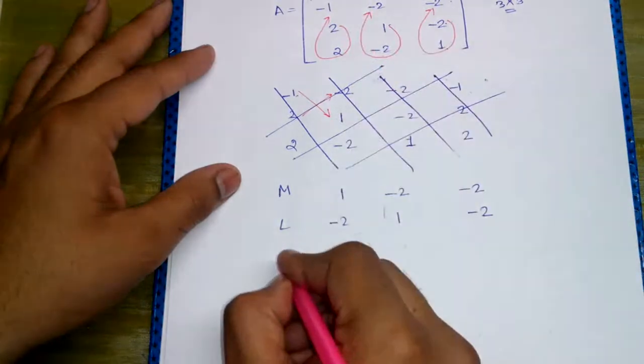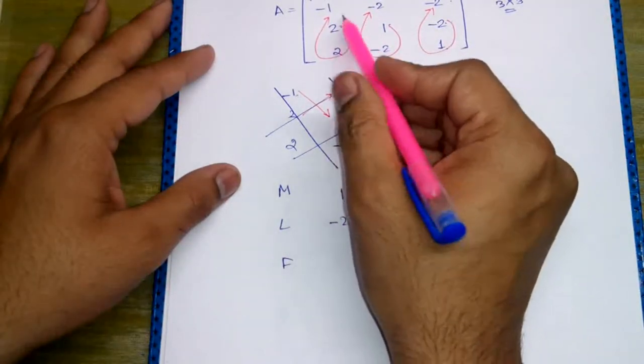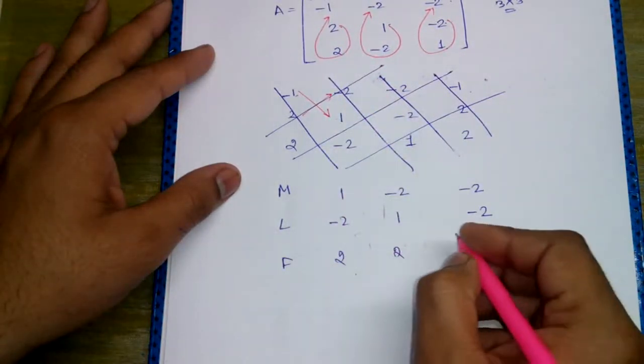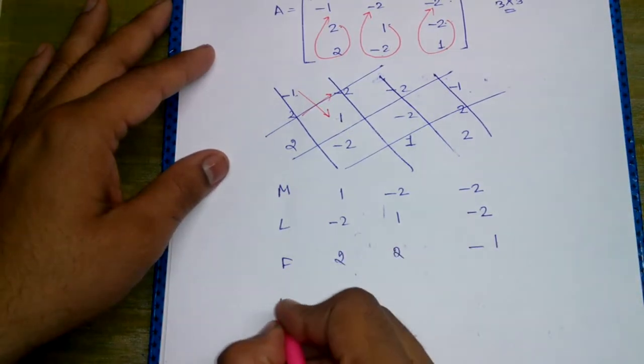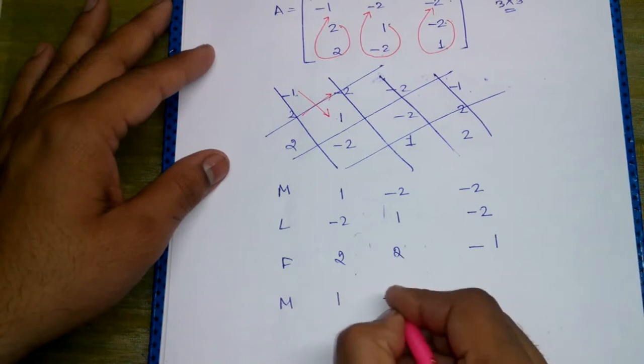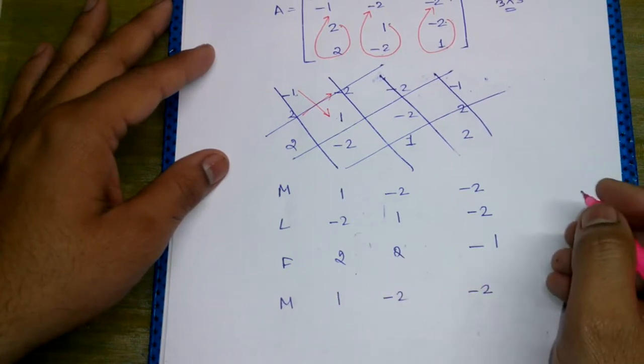Then we will write the first 2 2 -1 2 2 -1. Okay, and then again we will write the middle one, that is 1 -2 -2.